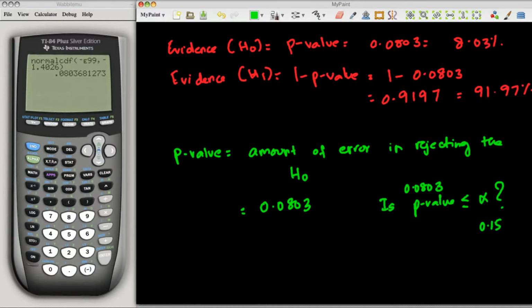In other words, if I happen to reject the null, I am perfectly content with 15% error or less. Clearly, in this problem, I have only 8% error, therefore I am very happy in rejecting the null. Therefore, my conclusion has to be reject the null.